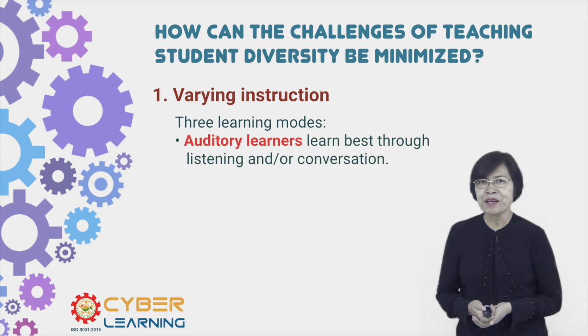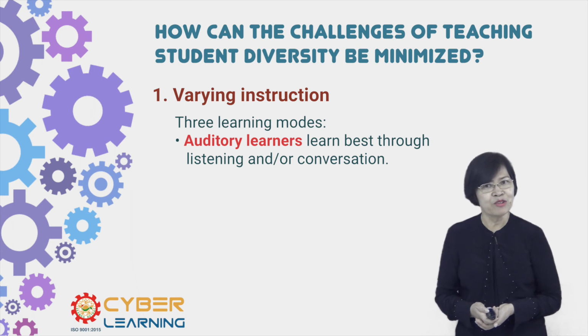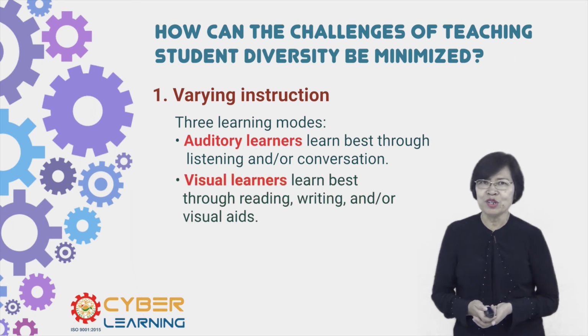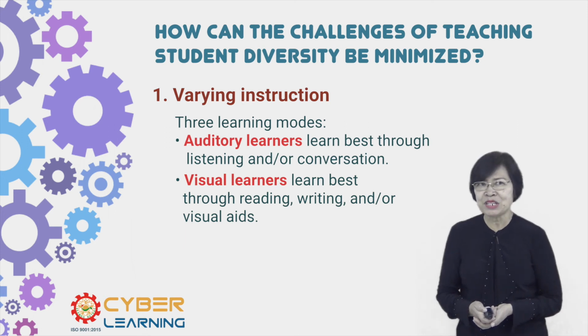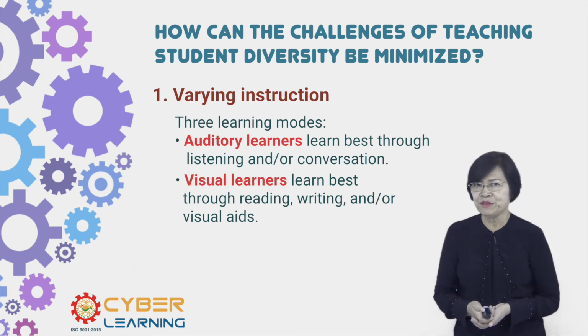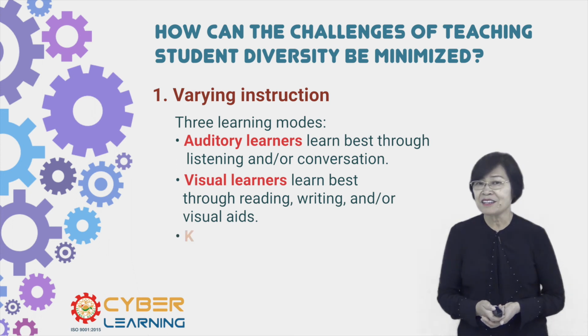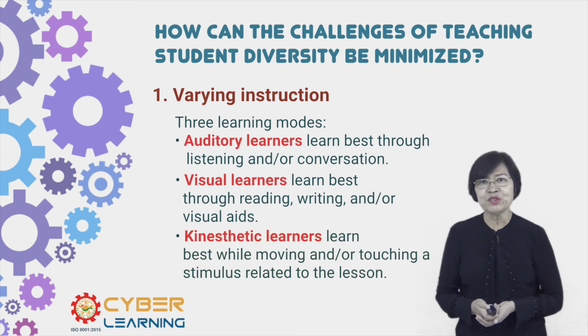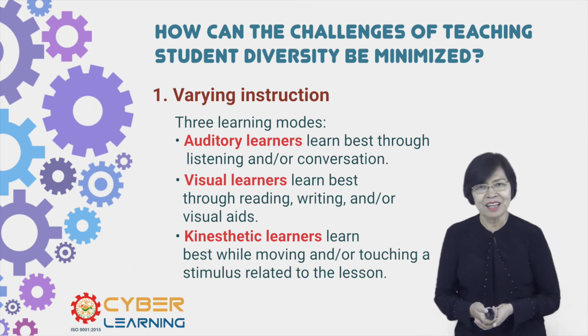Auditory learners best learn through listening and or conversation. Visual. Visual learners learn best through reading, writing, and or visual aids. Kinesthetic. Kinesthetic learners learn best while moving on or touching a stimulus related to the lesson.